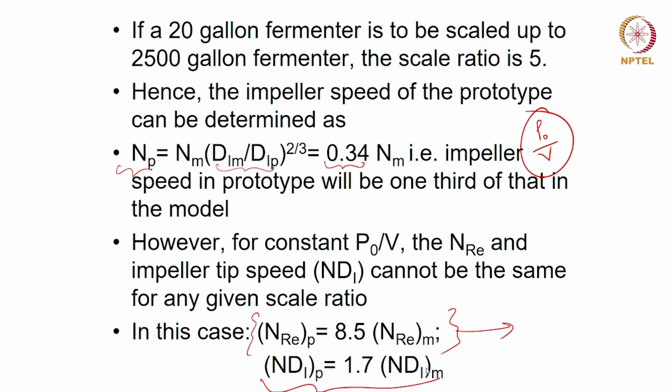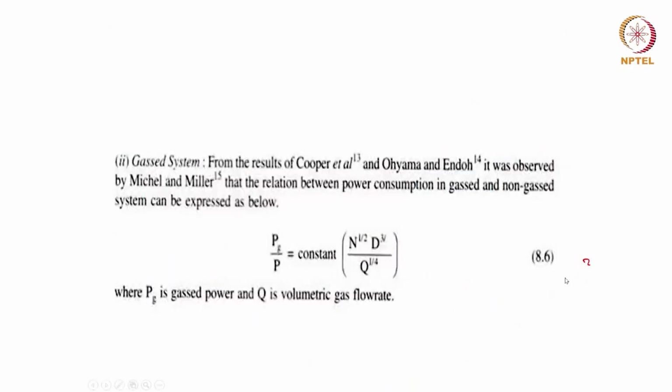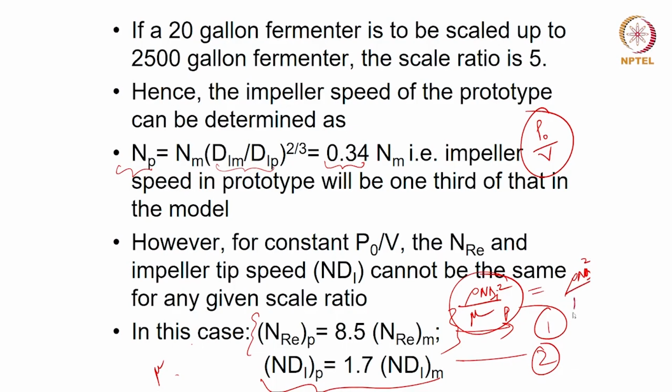Similarly, your tip speed, which is given as NDI, will also be related as shown here in equation 2. So your Reynolds number is what? It is rho NDI square by mu, inertial force to viscous force. So for the prototype, we need to find a relationship of rho NDI square by mu at the model type.